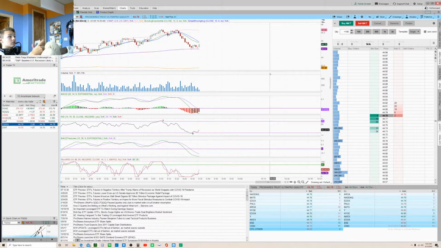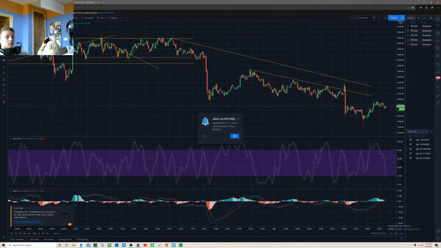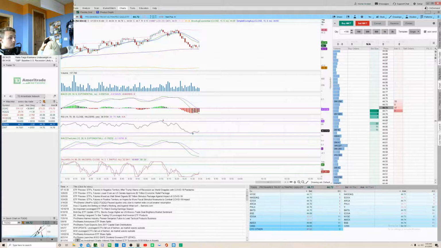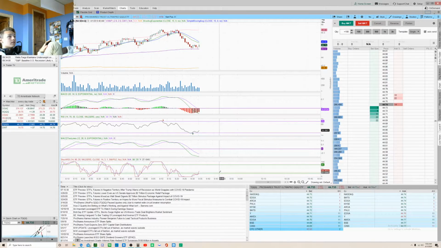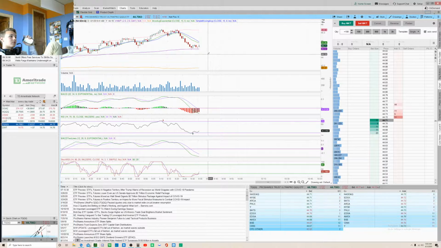Oh man, Bitcoin just triggered too. Alright, whatever. Just go. Once it gets past that green SMA line, it means it's confirmed.